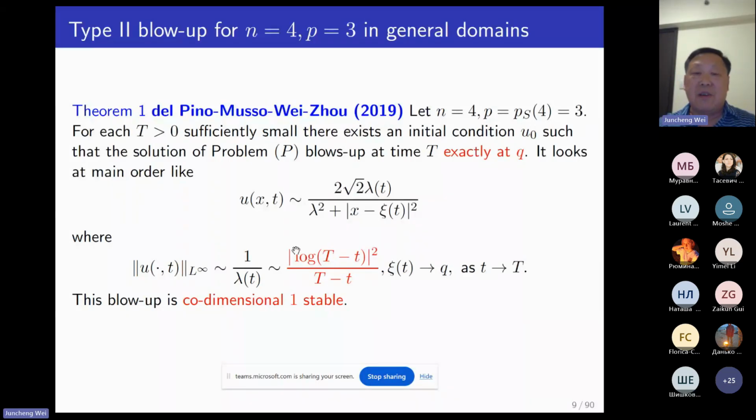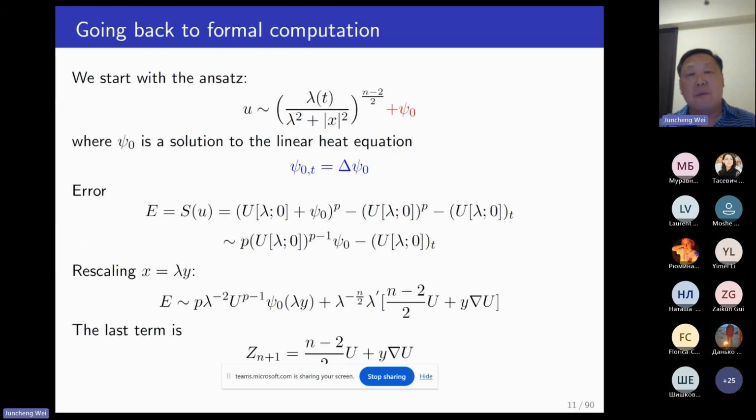We just do the radial symmetry case. I want to catch the main idea in the radial symmetry case. So we go back to the formal computation, and we start with the ansatz, and this is our ansatz. Now the dimension is 4, so this is 1. And so we have this 1 plus phi 0. We plug in, and phi 0 satisfies the linear heat equation.